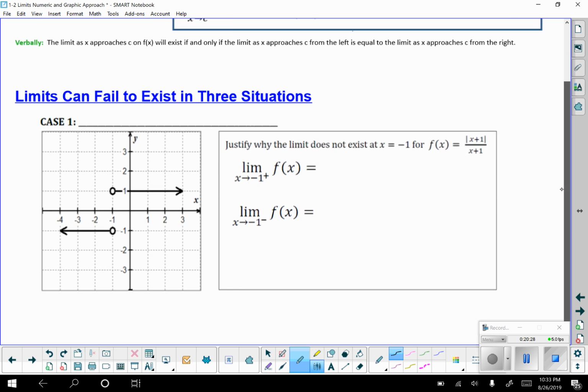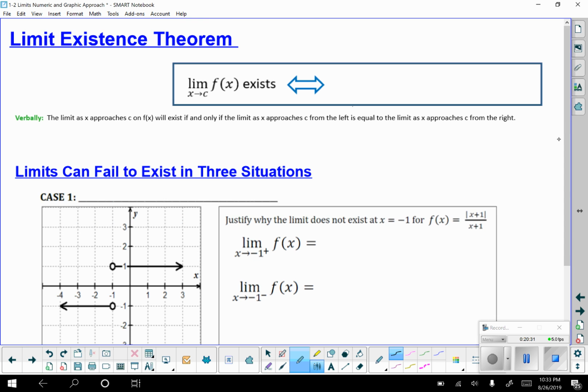Existence theorem: there's really only one way that the limit exists at c. We talked about it, and that means that the limit as x approaches c from the right of f of x must equal the same y value, the same height, as when x approaches c from the left side, following my function.